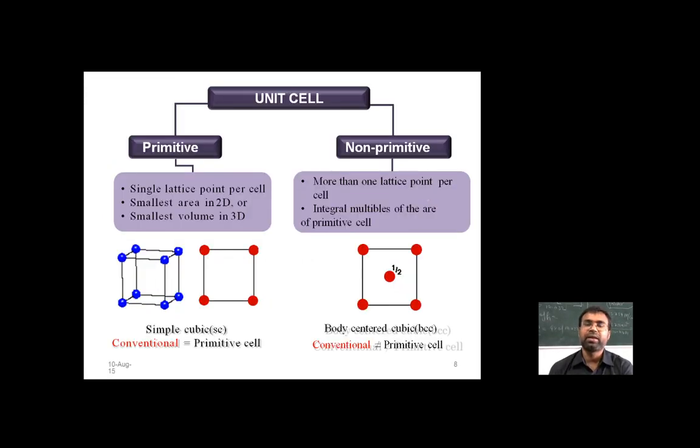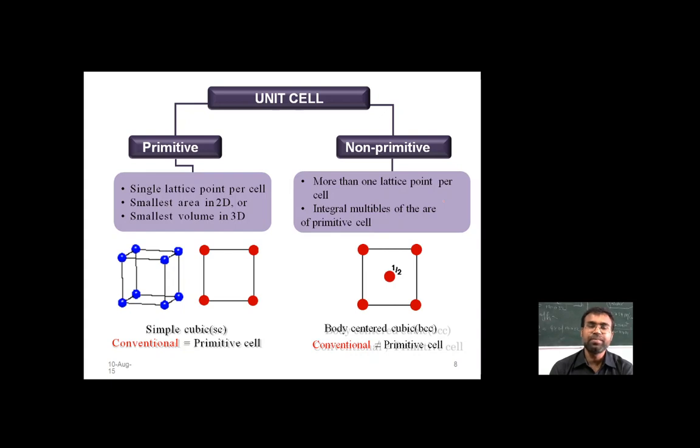So what are the primitive and the non-primitive? Primitive has a single lattice point per cell, the smallest area in 2D or the smallest volume in 3D. Whereas the non-primitive has more than one lattice point per unit cell, and integer multiples of the primitive cell.